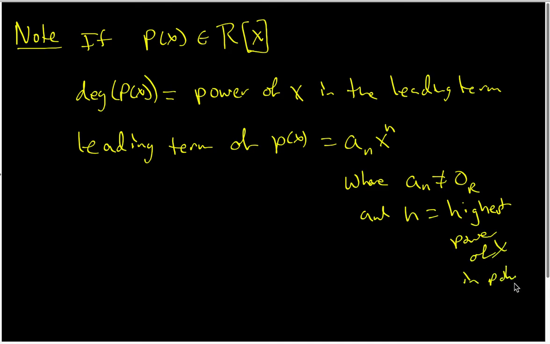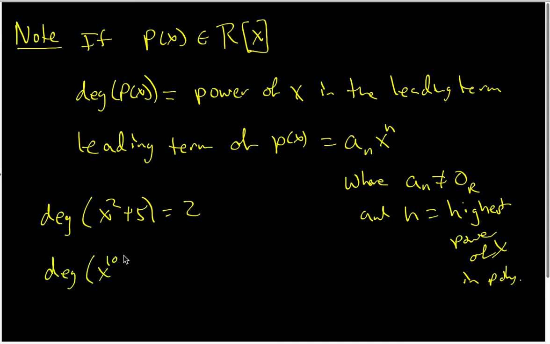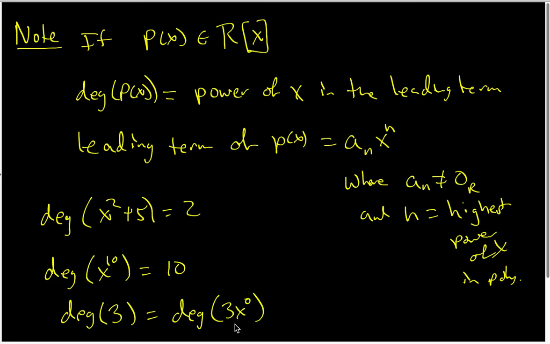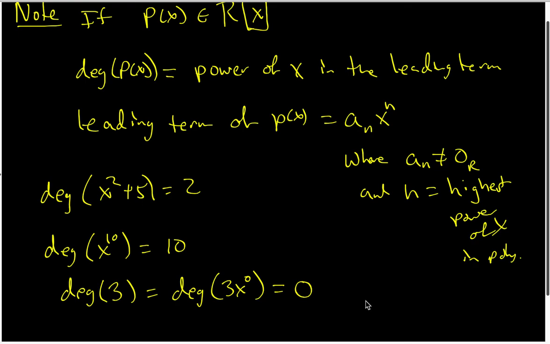In the polynomial. So the degree of something like x squared plus 5 is obviously 2, and the degree of x to the 10th is 10, and the degree of something like 3, well, that 3 would be 3 times x to the 0, and there are no other higher powers of x, so the degree of a constant polynomial is going to be 0. But this is only going to be true when the constant is not equal to 0.